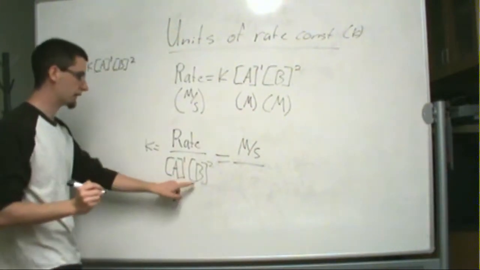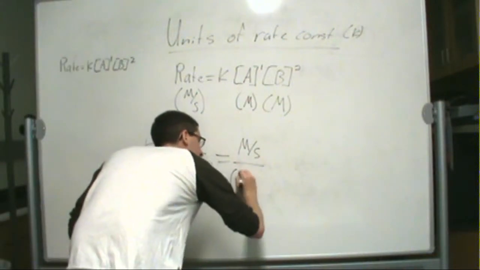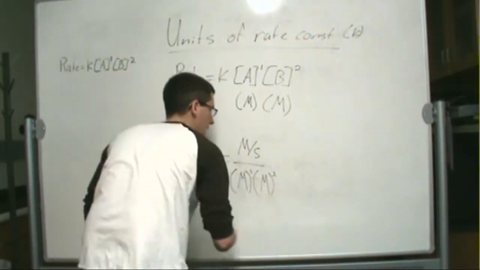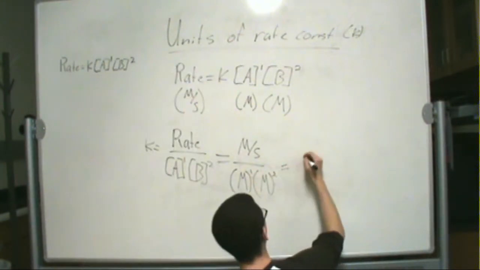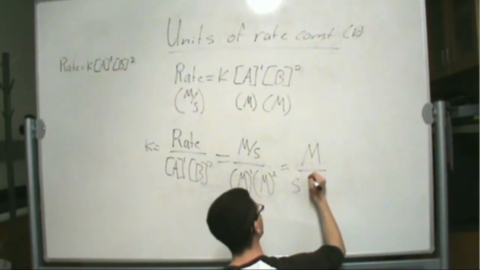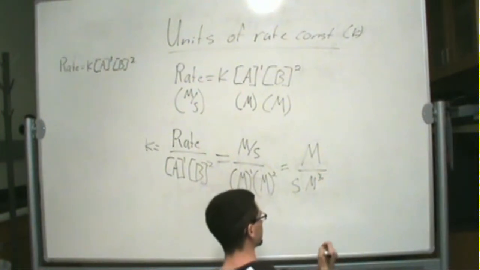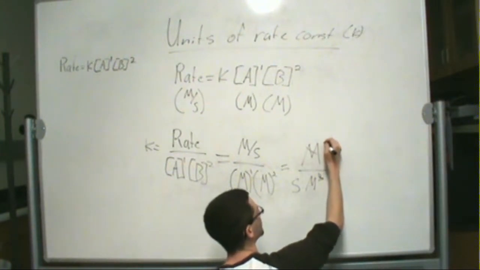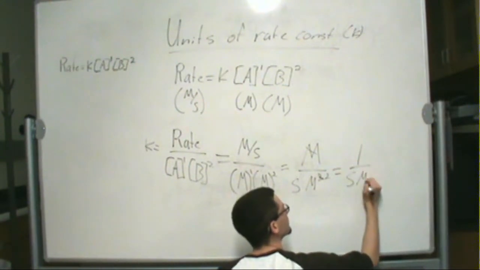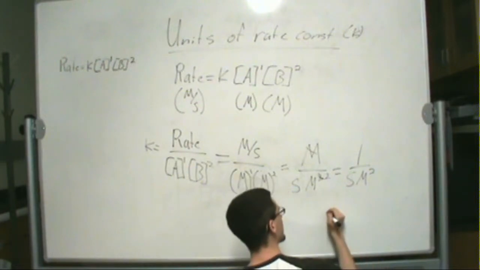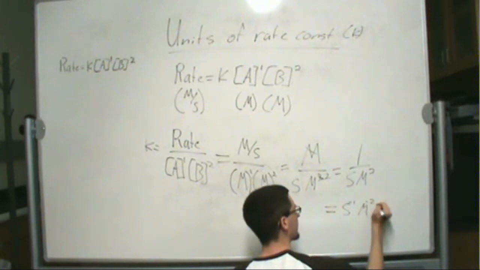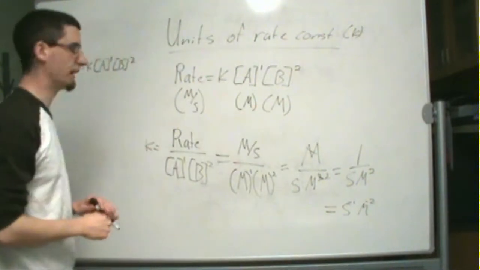Then for our concentrations, we toss in M to the power of 1, M to the power of 2. When we manipulate that further, we end up with molarity over seconds times molarity cubed. We'll cancel out one of our molarities, so we end up with 1 over seconds molar squared. That's the same thing as seconds to the -1, molarity to the -2. So that's the units of our rate constant.